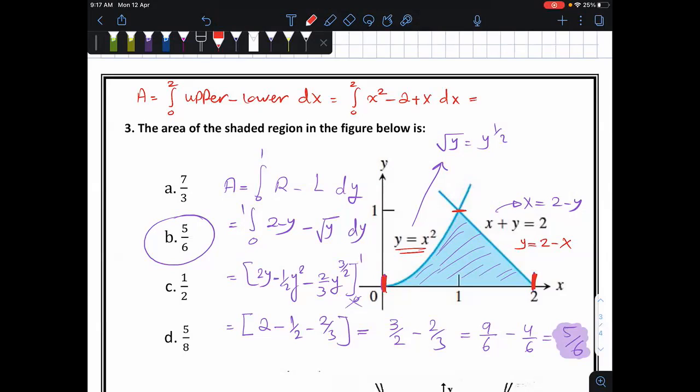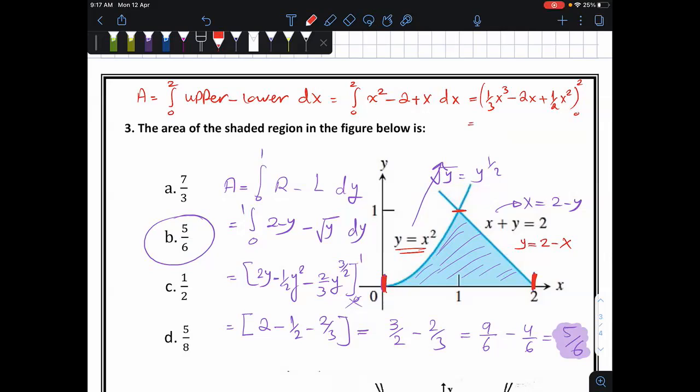So you have 1/3 x cubed minus 2x plus 1/2 x squared. Easy integration now. Yes, and evaluate.